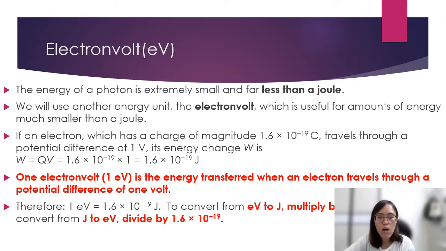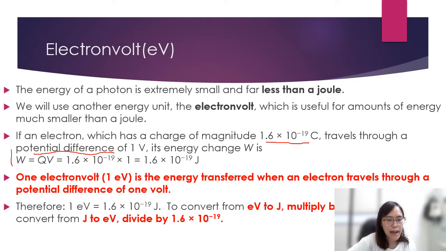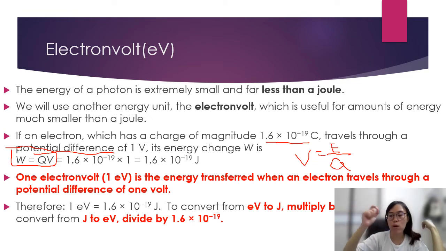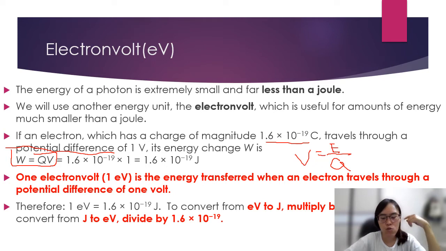If an electron has a charge of magnitude 1.6 coulomb that travels through a potential difference, the work done is QV, because we know V equals E over Q. It is the energy needed to move a charge from one point to another point, which is the definition of potential difference. So V equals E over Q, then E equals QV.